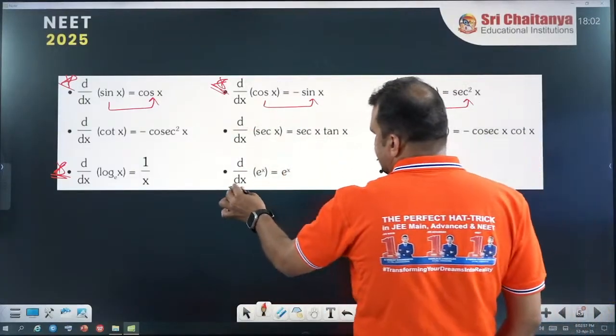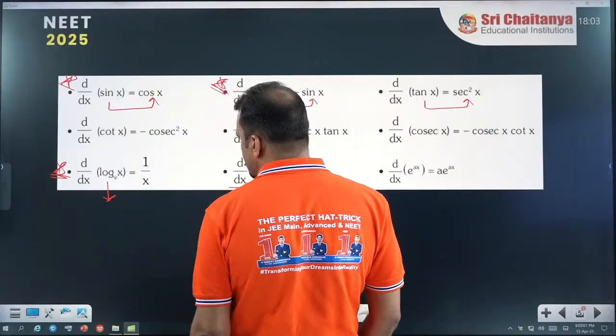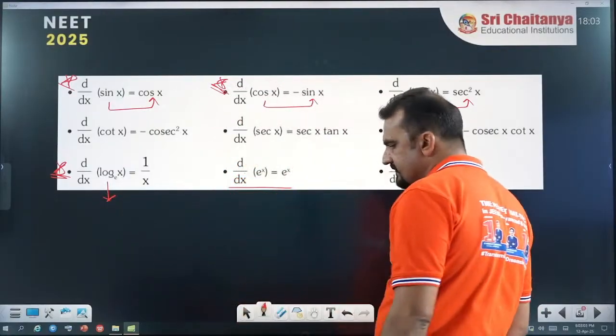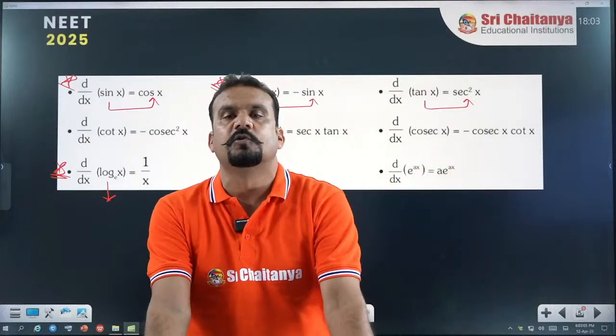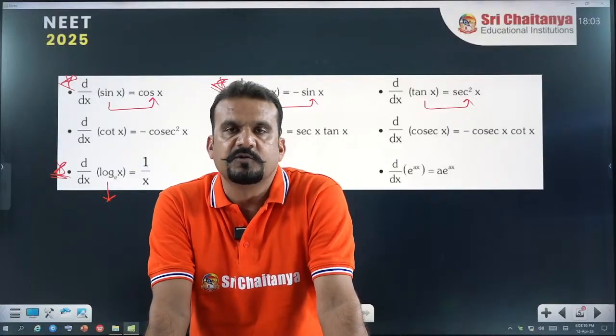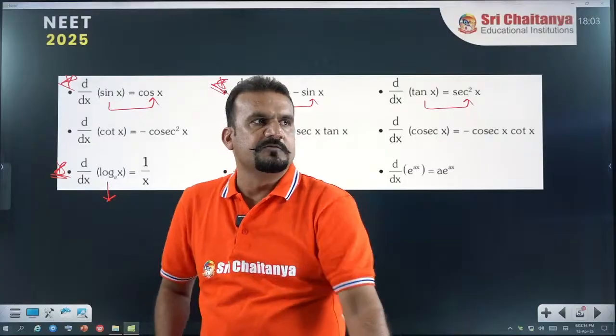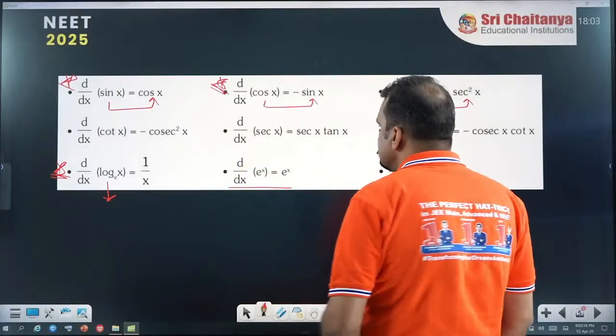Differentiation of e power x. I think some of you don't know what log x is. Log means the logarithm function, a mathematical function used for some large calculations. We need no further information about log x. Just remember that the differentiation of log x is equal to 1 by x.